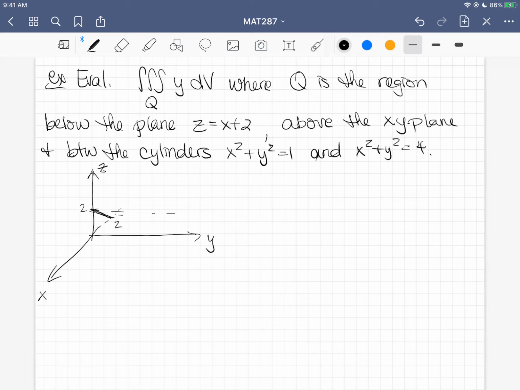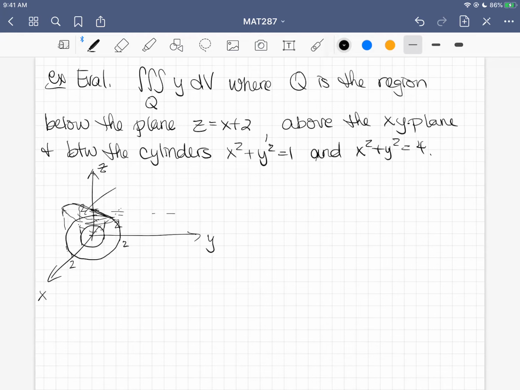And we have the cylinders x squared plus y squared equals 1, and that's going to be lifting up towards that plane until it crosses that plane. And x squared plus y squared equals 4. Again, this is a rough sketch. Okay, maybe that's helpful, maybe it's not, but this is kind of what we've got going.